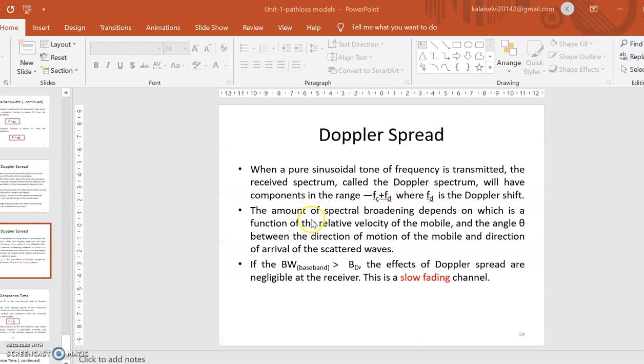When the receiver is moving towards the source, Fc plus Fd will be felt. When he is moving away, Fc minus Fd will be felt. The amount of spectral broadening depends upon the velocity of the mobile, whether he is moving closer or away from the source, and the orientation, that is, the angle theta between the direction of motion of the mobile and the direction of arrival of the scattered waves.